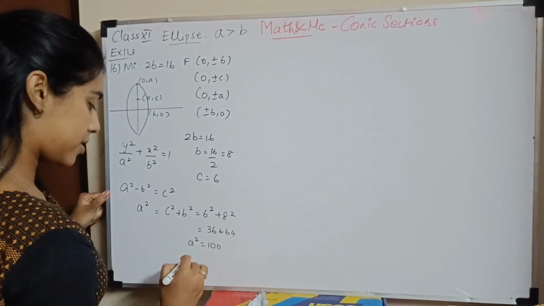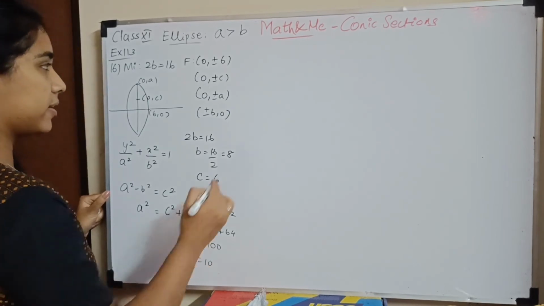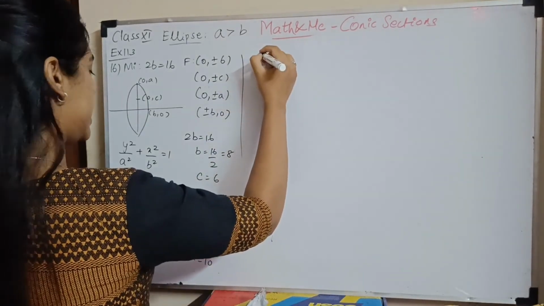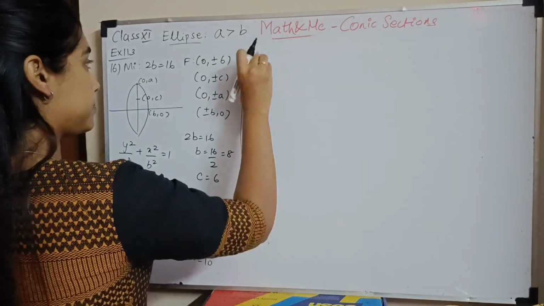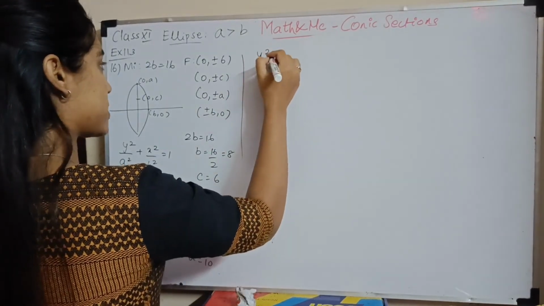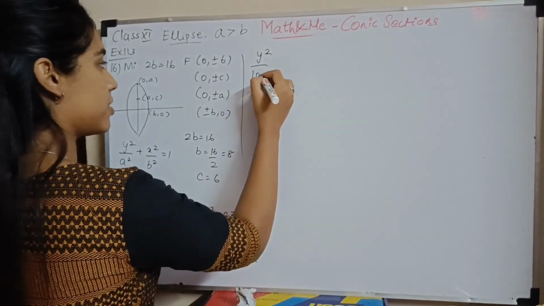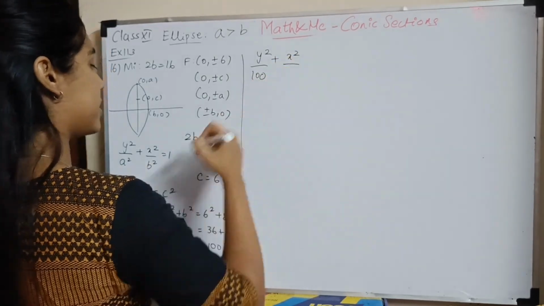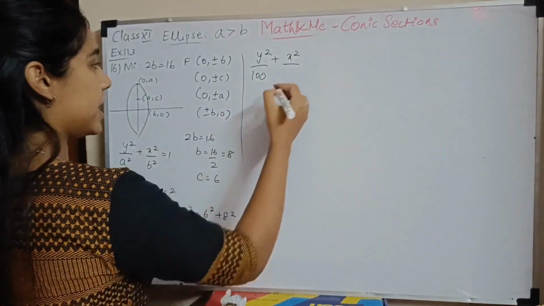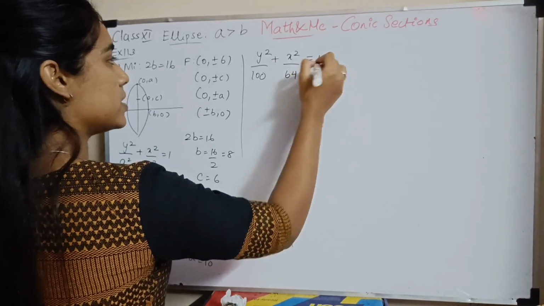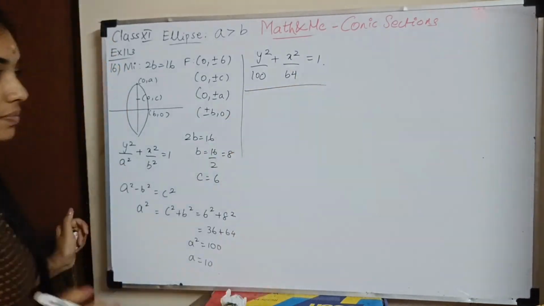So a square is 100. Your a is 10. So what do you have? The equation is y square divided by a square, which is 100, plus x square divided by b square. B square enna? 8 square, 64, equals 1. Okay.